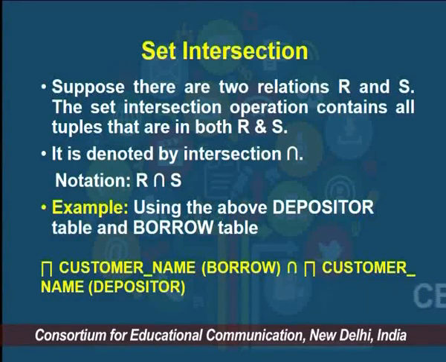For example, using the same depositor and borrow tables, we take pi customer name from borrow and pi customer name from depositor, and perform a set intersection operation on them.